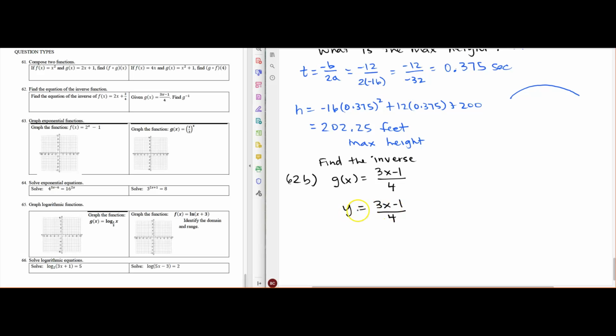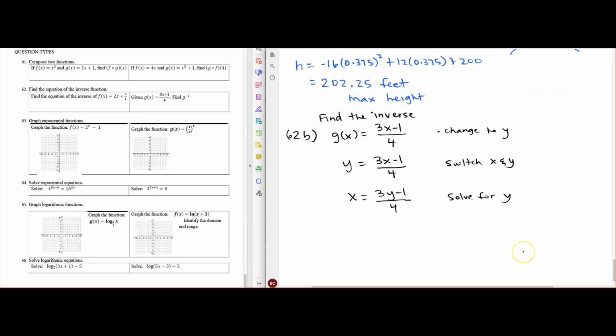So if I switch where the x and y is, I get x equals 3y minus 1 divided by 4. And now I want to solve for y. So the steps are: change to y, then switch x and y, and then solve for y.